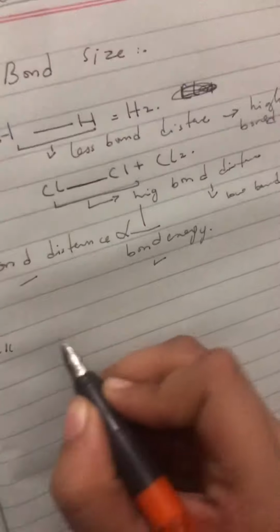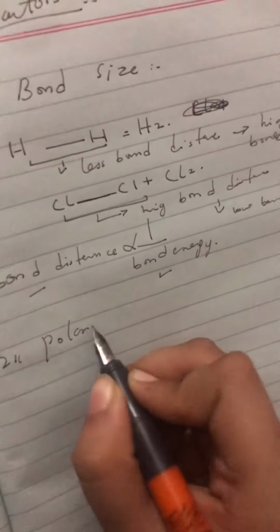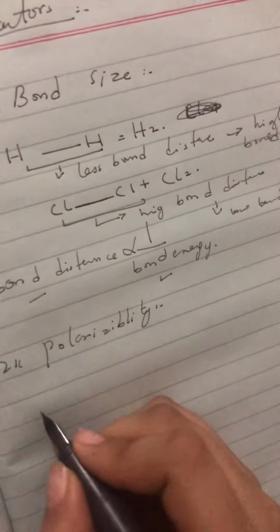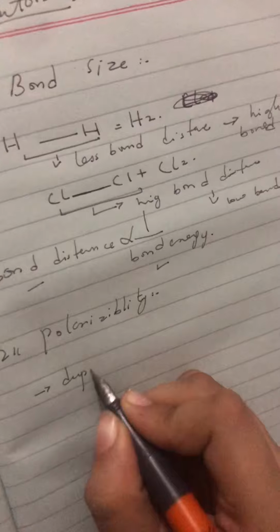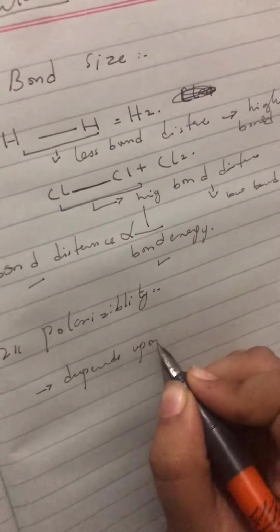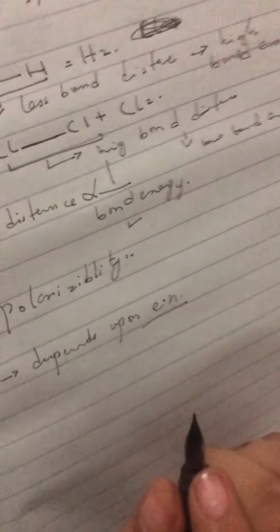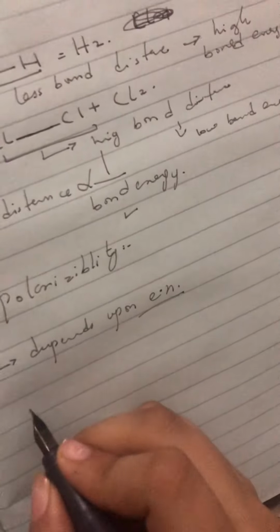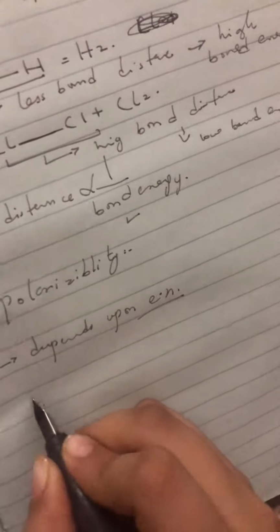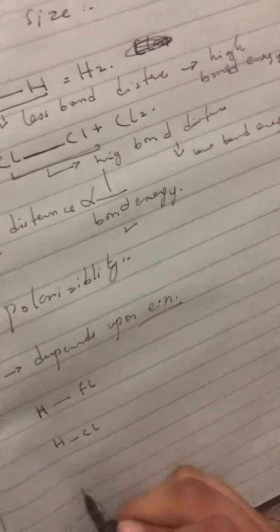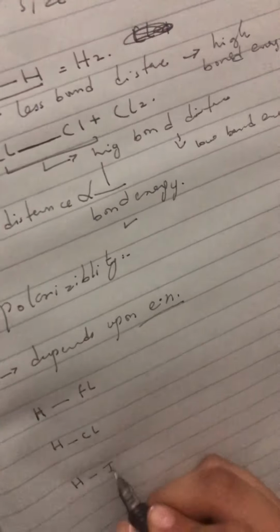And number two factor is the polarizability. What is polarizability? Polarizability means it depends upon the electronegativity. How? For example, we have hydrogen and fluorine, hydrogen and chlorine, and hydrogen and iodine, right?